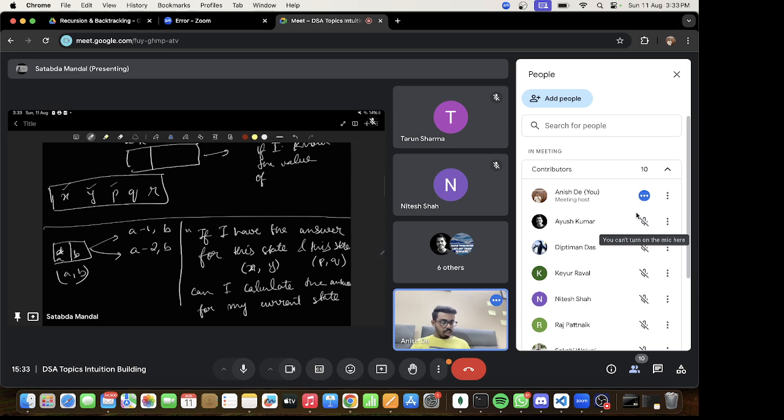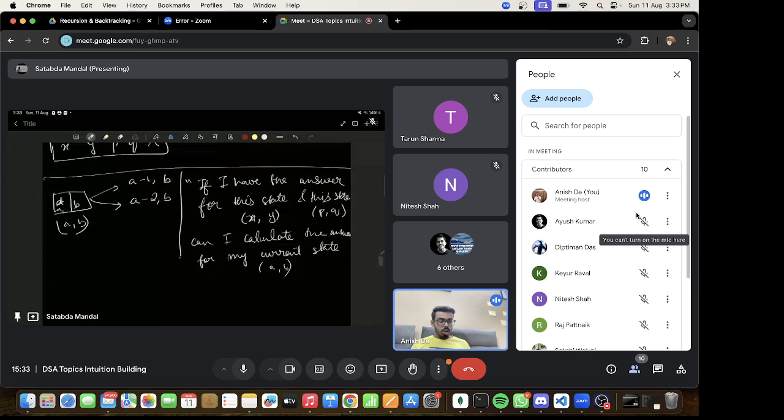Let's say your current state is A and B. Always think that if I have the answer for this state and this state, can I calculate my current state? Your entire goal is to find the states so that if you have the answer for those states, you can calculate the value of your current state.